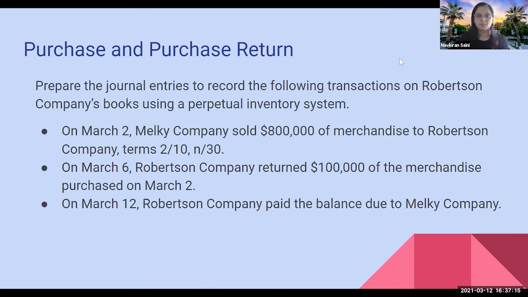Prepare the journal entries to record the following transactions on the Robertson Company's books using a perpetual inventory system. I'll wait here for 30 seconds for you guys to read the problem and think about what could be the journal entry for the first problem, because we are only purchasing goods and that is also on credit.